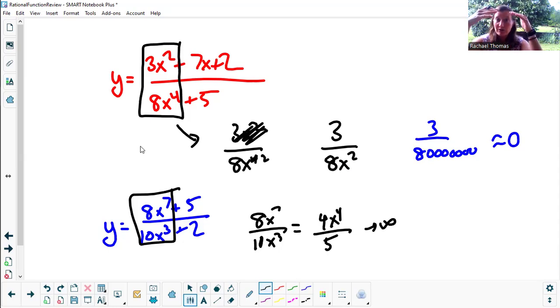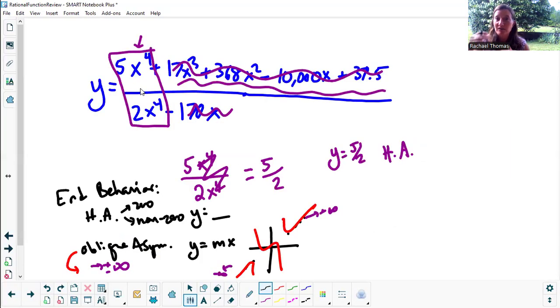If the numerator is bigger, that's when we get an oblique asymptote or a nonlinear asymptote, or I would say goes to positive infinity in this case. Where we get a horizontal asymptote is when the numerator and denominator have the same highest power of x. The end behavior equals horizontal asymptote at whatever number those coefficients reduce to. So in this case, it would be 5/2.